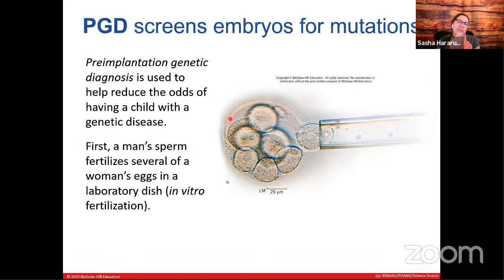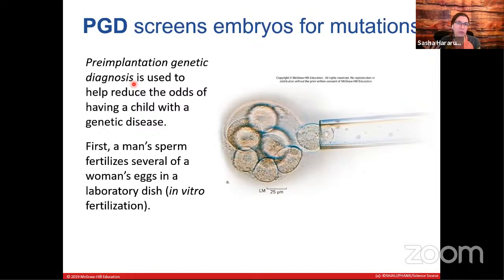First, a man's sperm fertilizes several of the woman's eggs in vitro, meaning in a petri dish, and then one cell from the embryo is taken away for analysis for this preimplantation genetic diagnosis. And if some genetic defects are revealed using this analysis, then this embryo is not implanted into the woman's uterus.